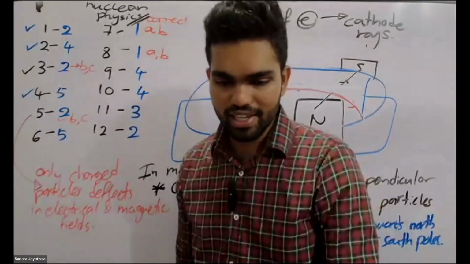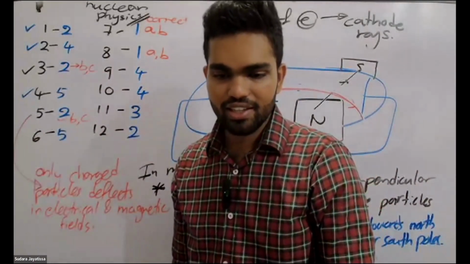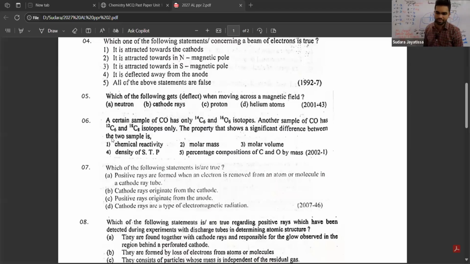So let's go to the answers and check which are the charged particles and which are uncharged, or neutral, particles. Neutron is a neutral particle. There is no charge for that one, that's why it is not deflecting. But cathode rays are negatively charged, so you can write that in the review. Then protons are positively charged.